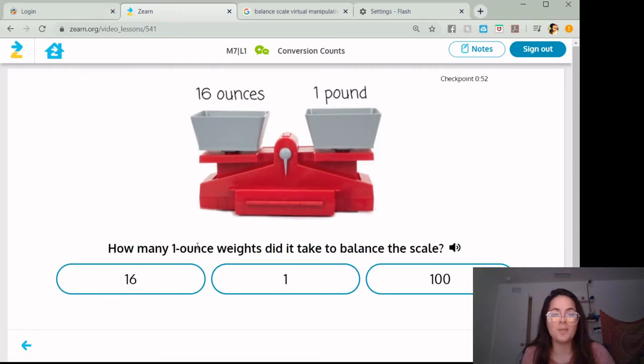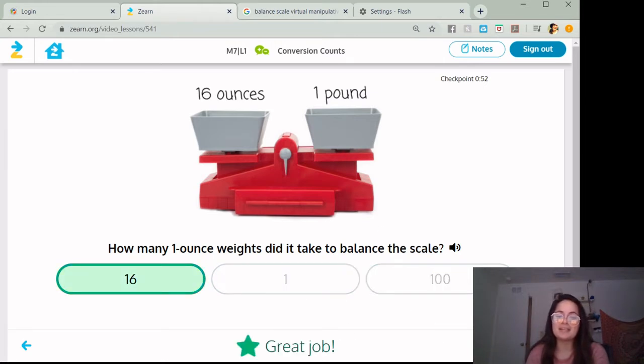Okay, so how many 1 ounce weights did it take to balance the scale? That's right. If you said 16, then you would be correct.